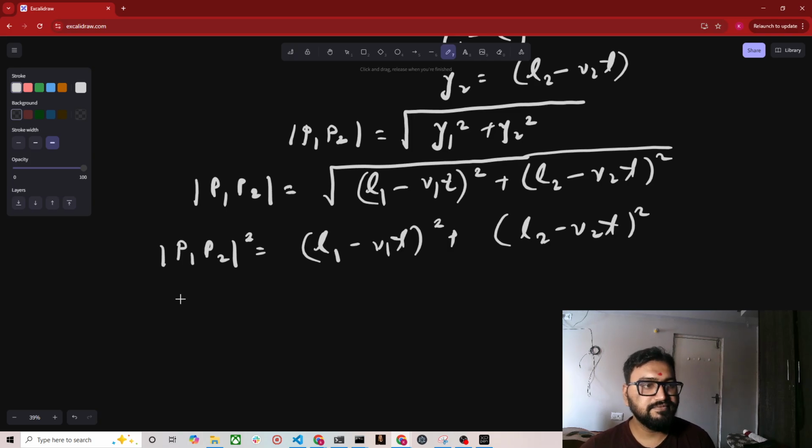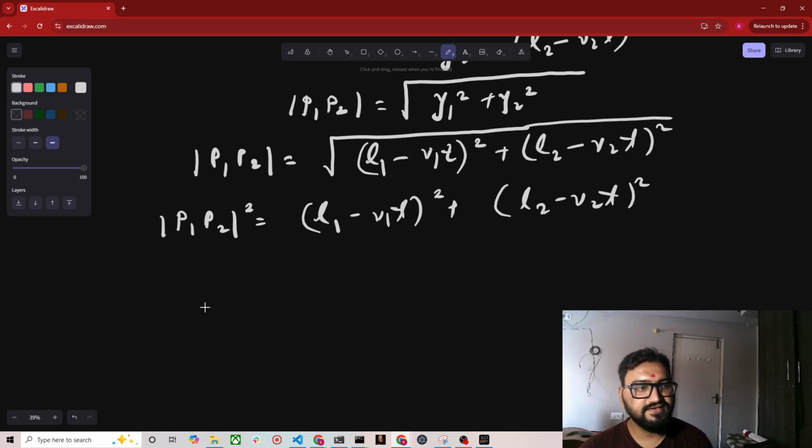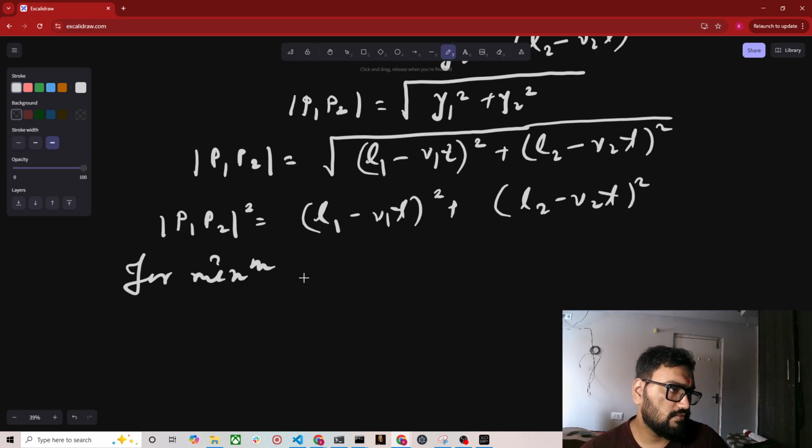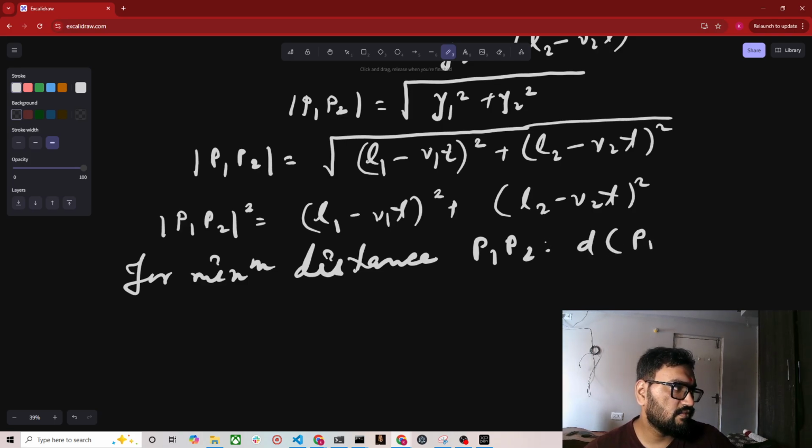So for minimum distance, my derivative of P1P2, that is the distance between the two points, with respect to time should be equal to 0, right? So for minimum distance between P1 and P2, d(P1P2)/dt is equal to 0.